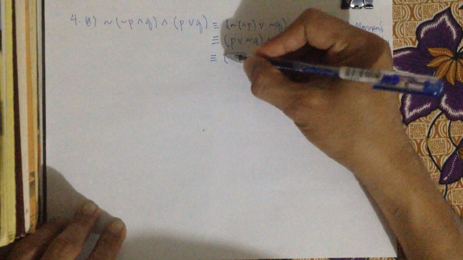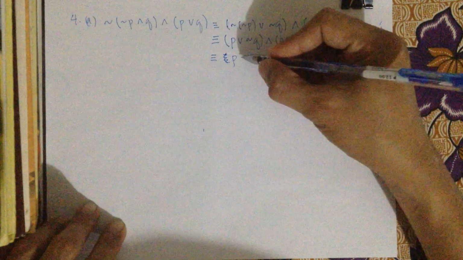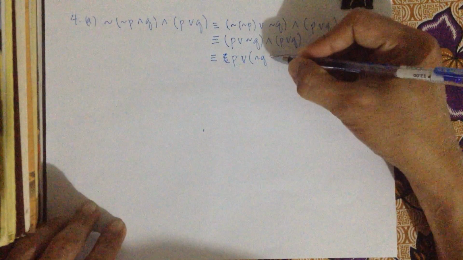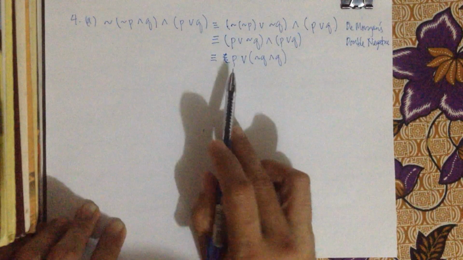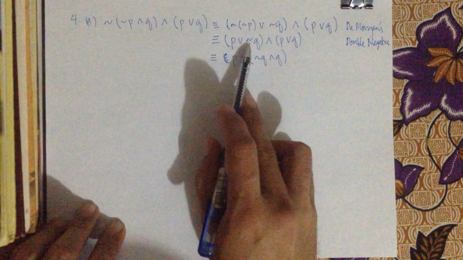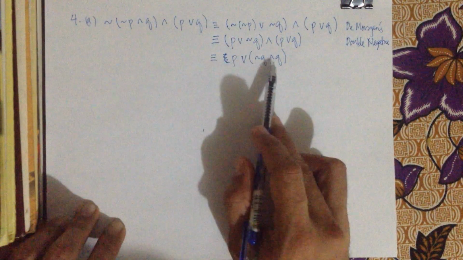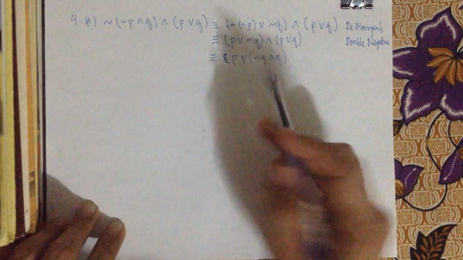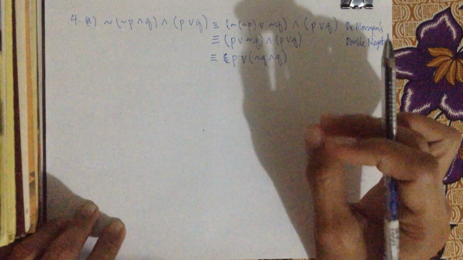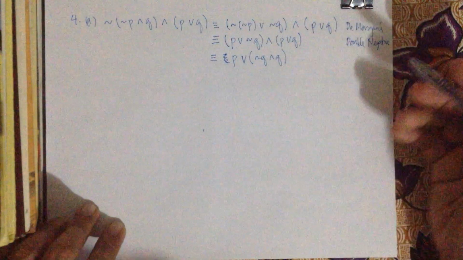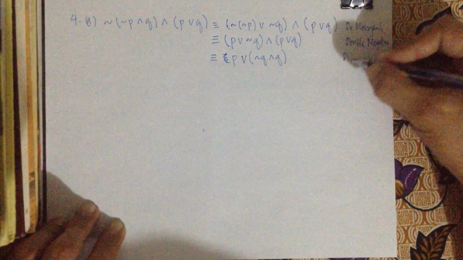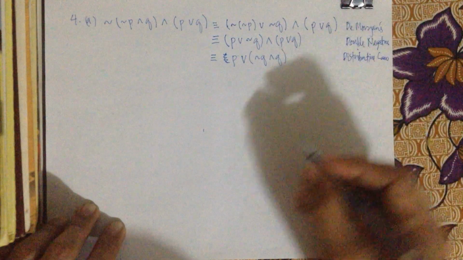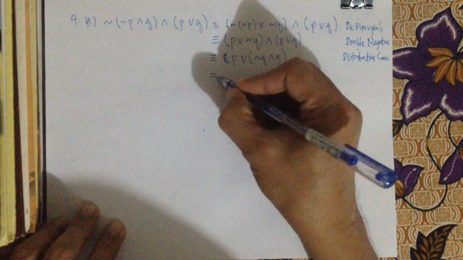It's actually P. When P is distributed over negation of Q and Q, if you distribute this, you have P or negation of Q, which is that statement, and P or Q, which is that statement. So basically, this is the reverse of the distributive. So in a sense, we apply here the distributive law.